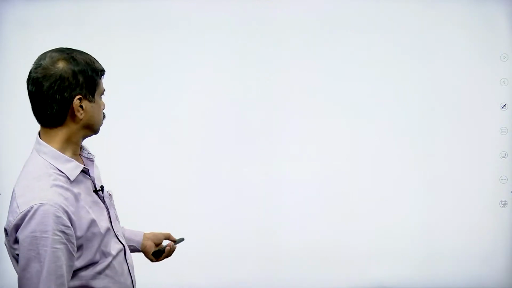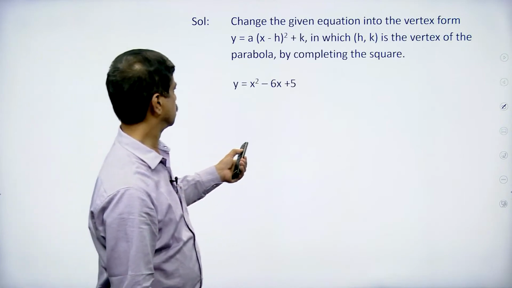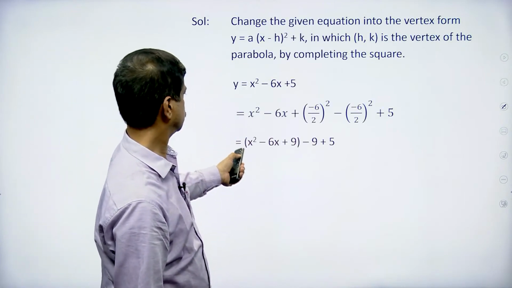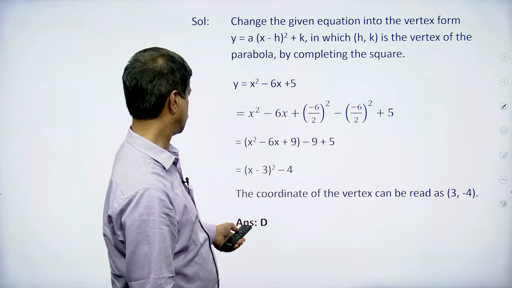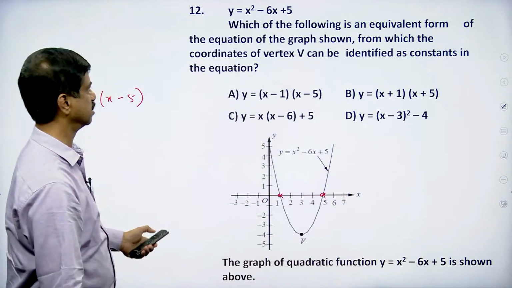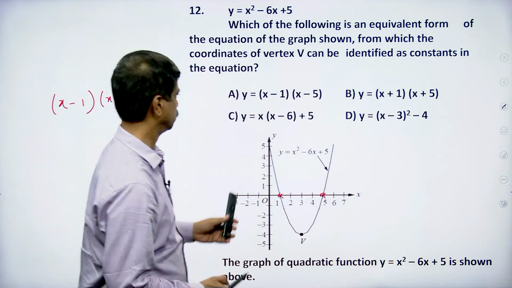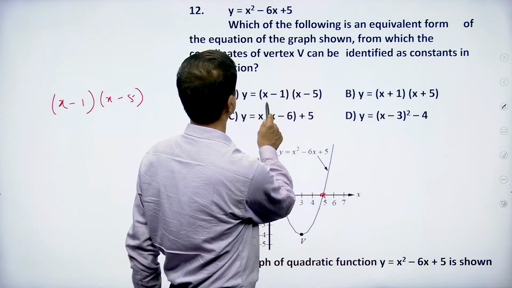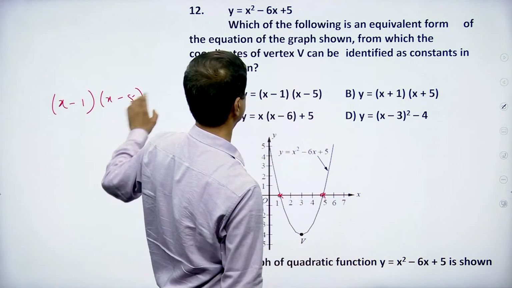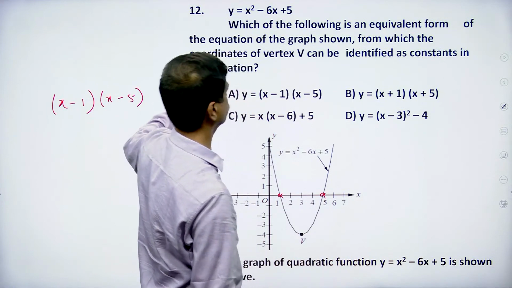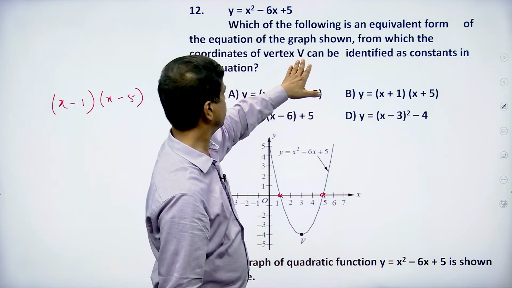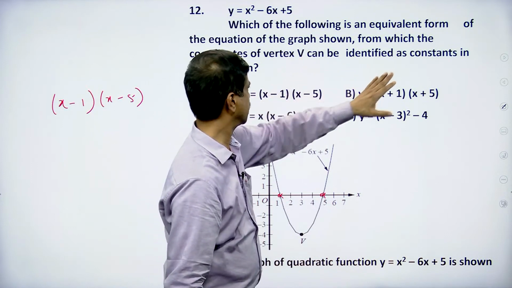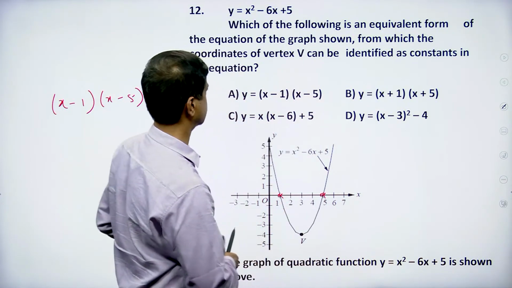So completing the square, you are getting this equal. So if you look at this, see, y equal to x minus 1 into x minus 5 is also correct equation, but what is that he is asking us to do? From which the coordinates of the vertex V can be identified as constants, means vertex is V.